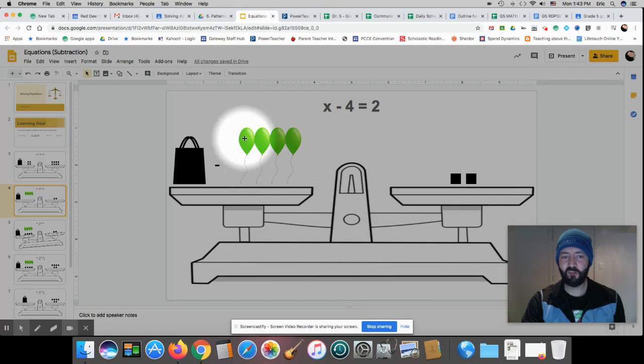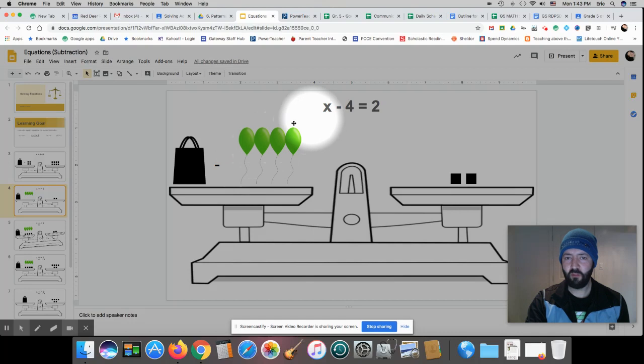So to represent that, I have 4 helium balloons. These balloons we'll pretend are filled with helium. If we tied them to this balance here on the left side, they would actually pull up on the balance, making it lighter. And that's in effect what we're doing with subtraction. We're reducing the weight, or reducing the value on that side of the equation.